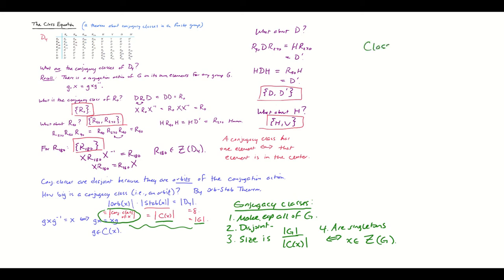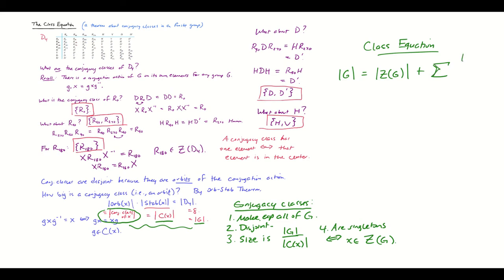So here it is. The order of the group, that is the number of elements altogether in the group, is equal to the size of the center of G plus the sum, and I'm going to say what the sum is over in just a moment.